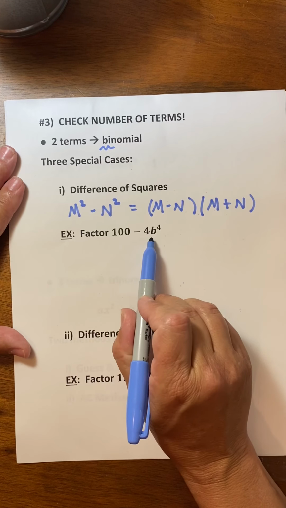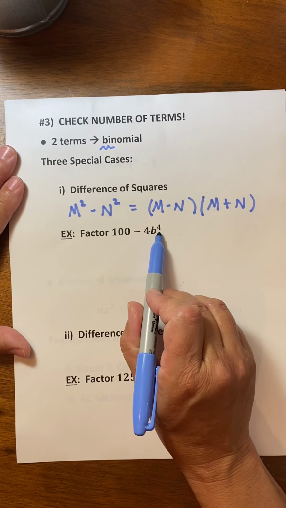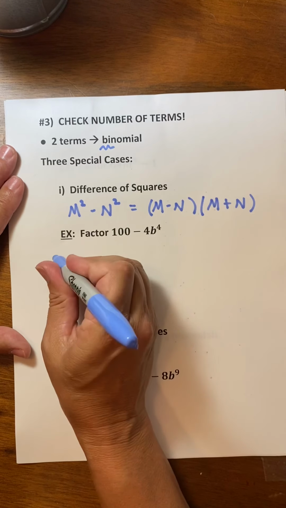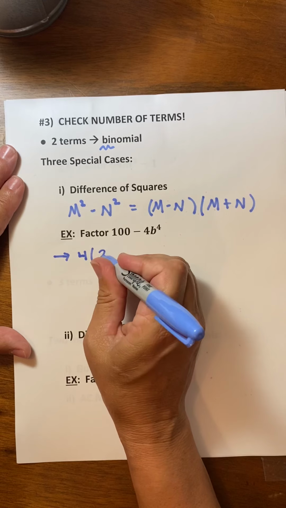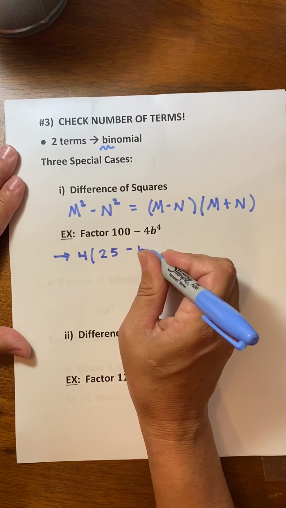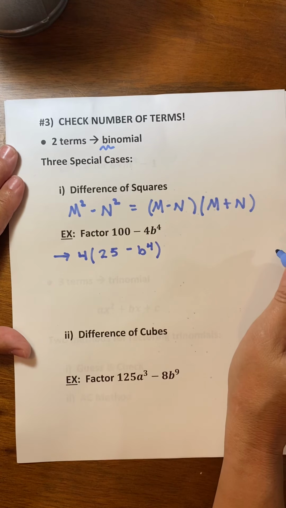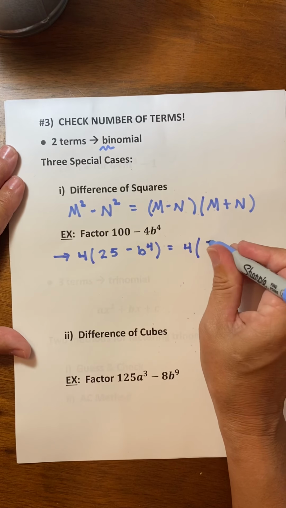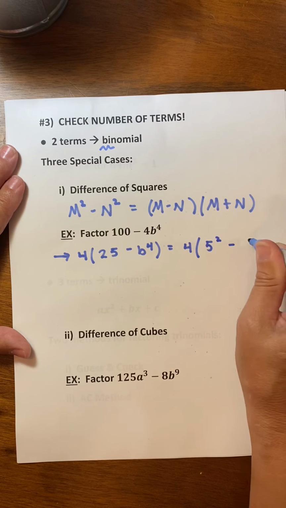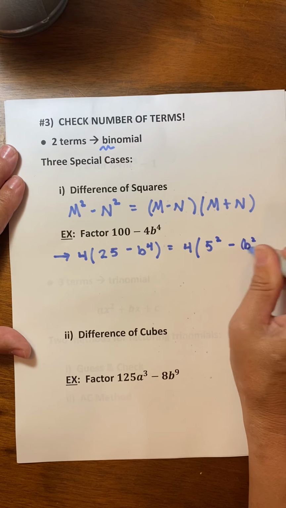So 100 minus 4b to the 4th. Well, don't forget to factor out the greatest common factor first. 4 times 25 minus b to the 4th. But that can be written as 4 times, now inside the parentheses, 5 squared minus b to the 4th, which is b squared squared.